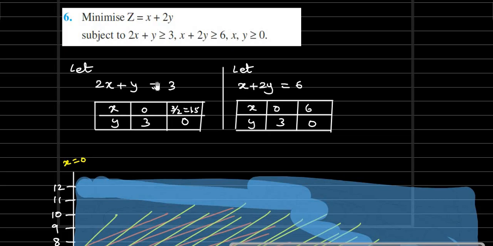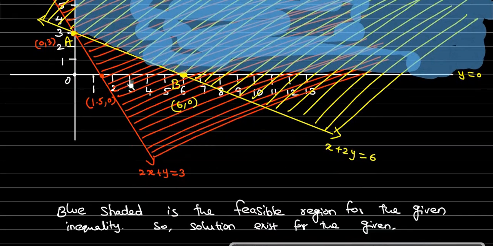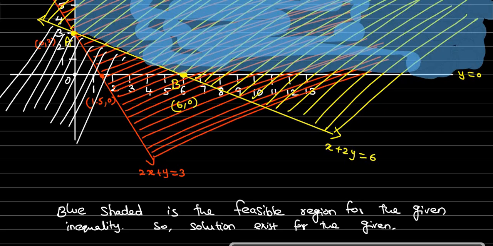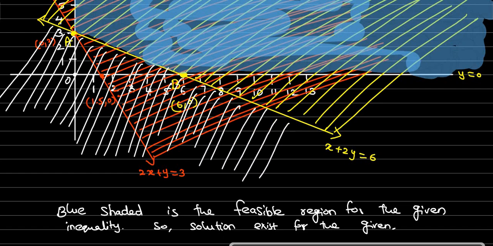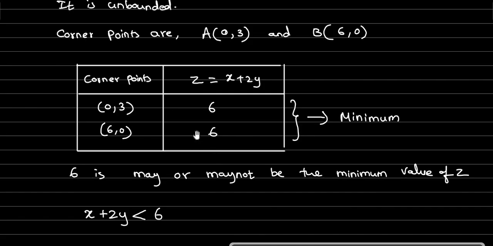So for x plus 2y less than 6, the solution will be on this other side, excluding the yellow line, since we said only less than 6, not less than or equal to 6. So below this yellow line is the solution space for x plus 2y less than 6. Now do you see any common point between the feasible region and this space? No. Then we can confirm that 6 is the minimum.